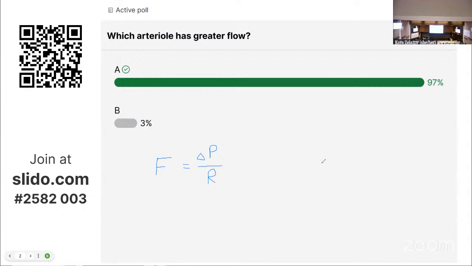Now, for our resistance, we have to think a little bit further. When we're thinking about resistance, we're thinking about relationships to length and viscosity. Length and viscosity are directly proportional to resistance, so if they increase, resistance increases. I'm not going to write the exact equation, but say length is on top, and viscosity is on top.